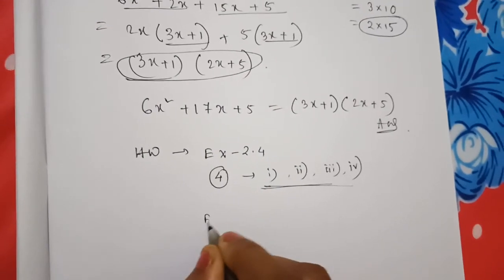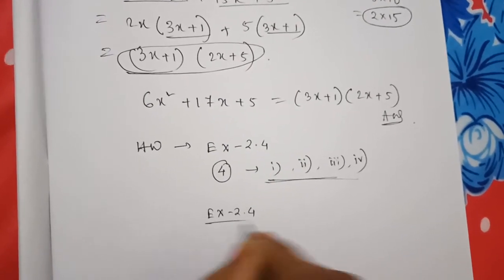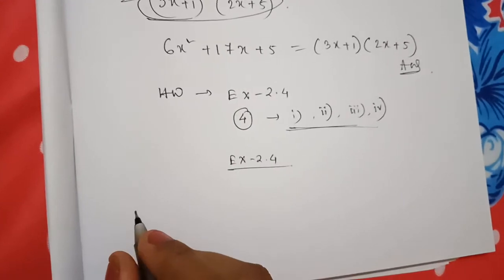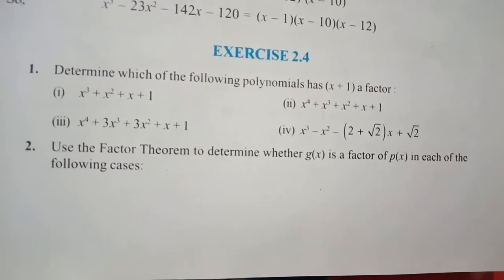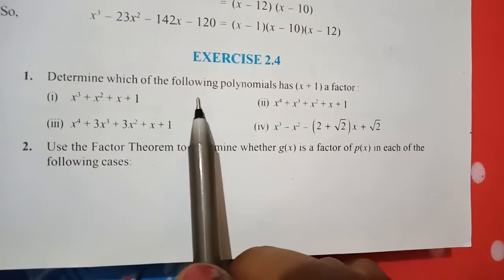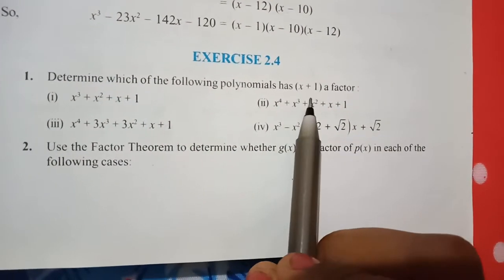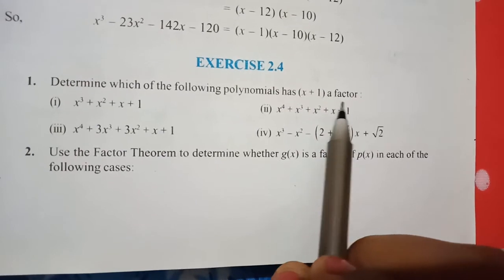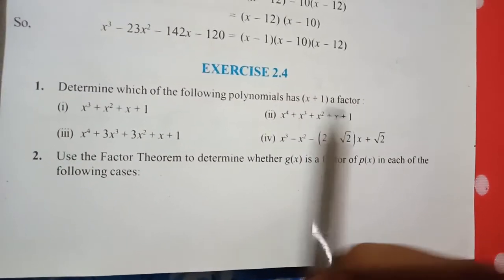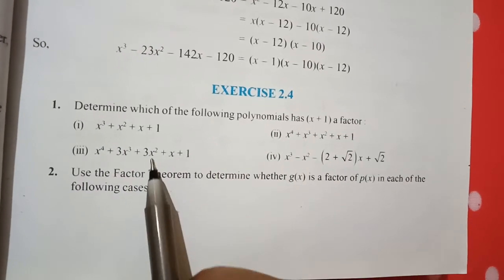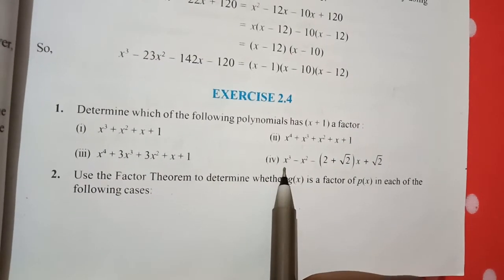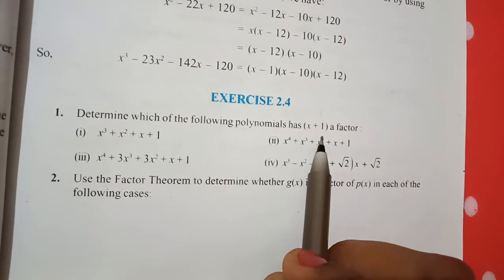Coming to exercise 2.4, the first question is: determine which of the following polynomials has x plus 1 as a factor. That means we need to check each and every polynomial individually for x plus 1.